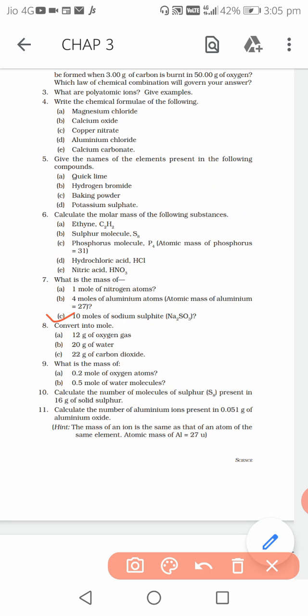Next one, 10 moles of sodium sulphate. First of all you have to find out the mass of sodium sulphate. The mass of sodium is 23.